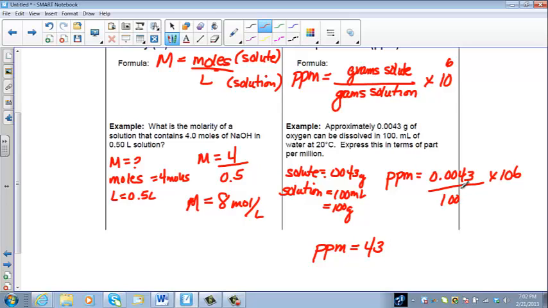So I just want to let you know, if I divide 0.0043 by 100, you should get, for this part, 4.3 times 10 to the negative 5th. So you can double check that you're doing it on your calculator, and then you're going to multiply that by 10 to the 6th, and then you get this answer.